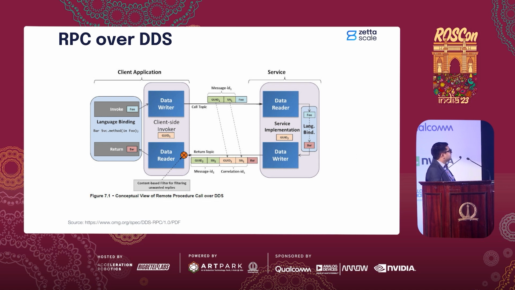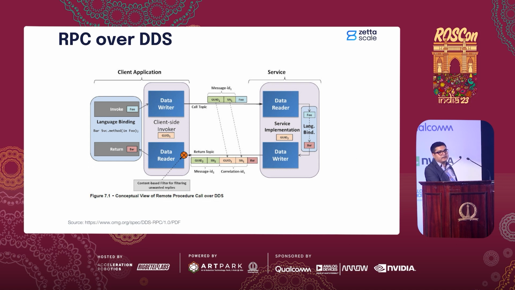So it is the client's responsibility to filter out the response on the basis of the request message. So again, it consumes a lot of memory, processing power and bandwidth.